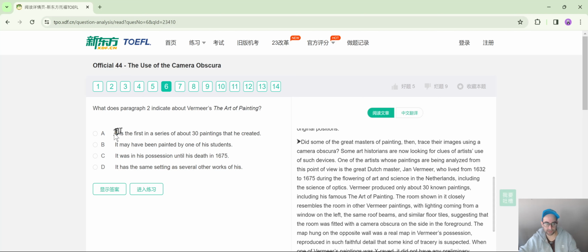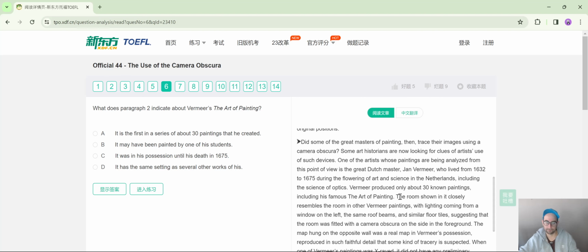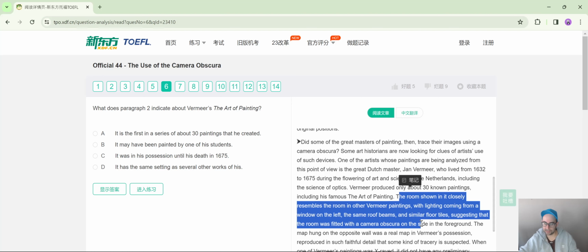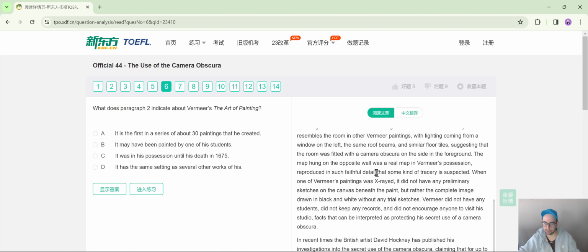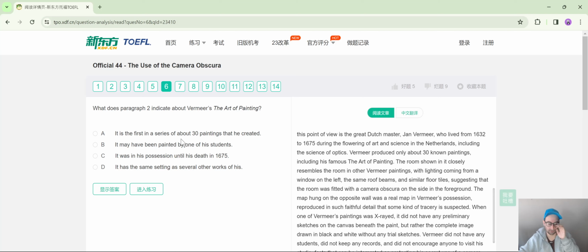So at this point, you want to check for the first one. It is the first in a series of about 30 paintings that he created. Okay, I read this. He produced about 30 paintings, but they didn't say first. Okay? And I'm reading, and you don't see that. They didn't say first. So A is wrong. It may have been painted by one of his students.